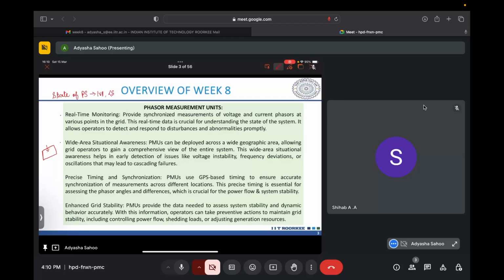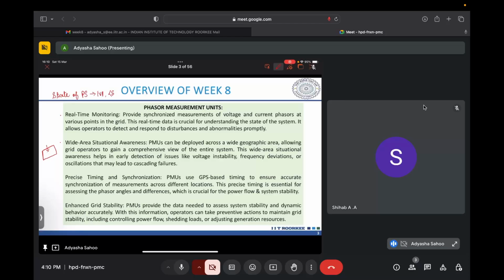There may be alarms beeping or some red flags shown, let's say at this particular location, the frequency is dipping very fast. So by visualizing this, the system operator can take various corrective actions to avoid the instability.